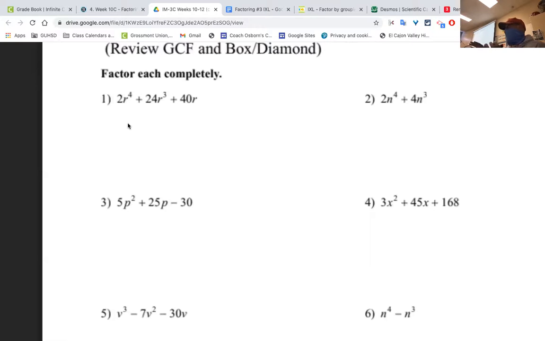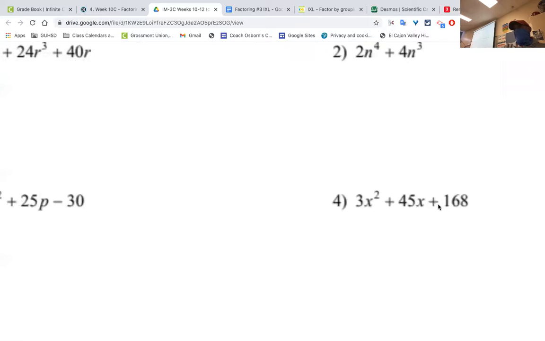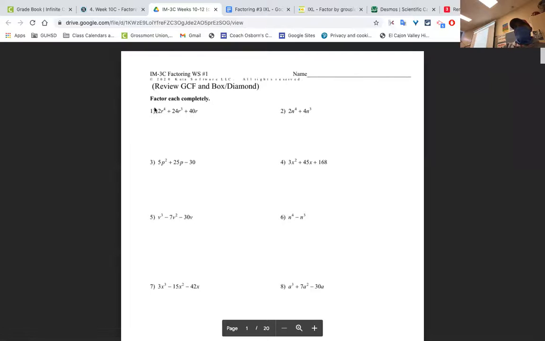Always do that, because one, you might get stuck somewhere if you don't, and two, if you can factor out a common factor, especially when the numbers are bigger, it's going to make the problem a lot easier. If you factor out, let's say, a 3 here, that 168 becomes a lot smaller number to deal with.